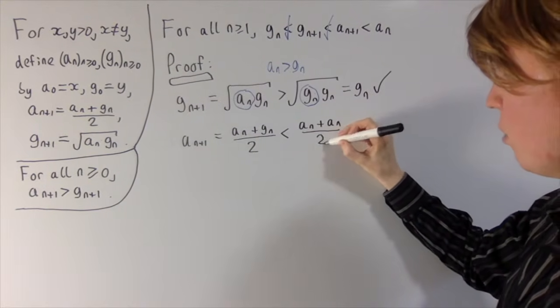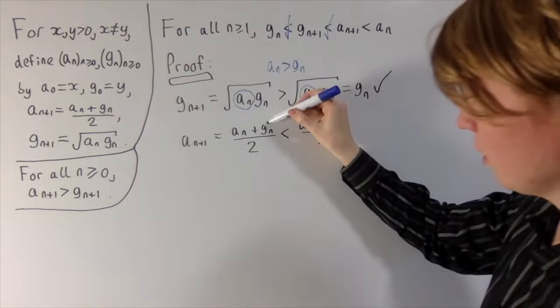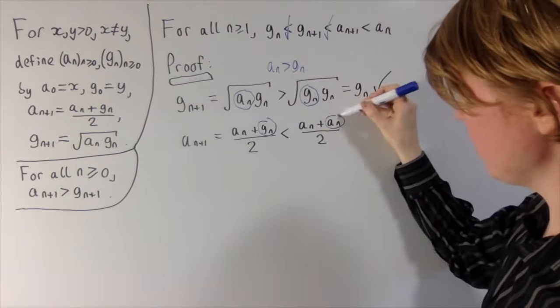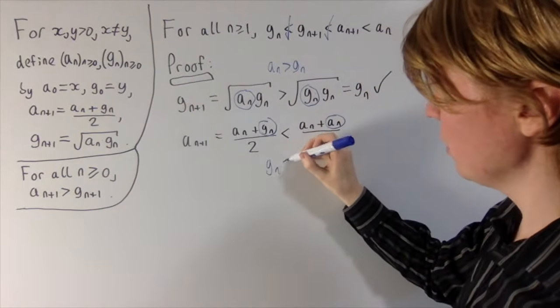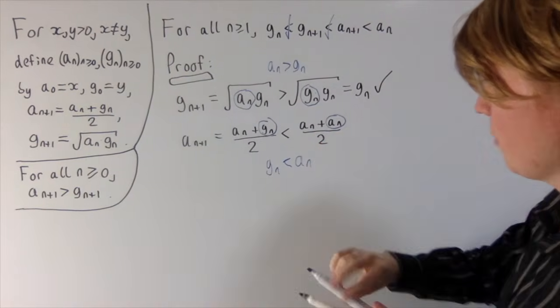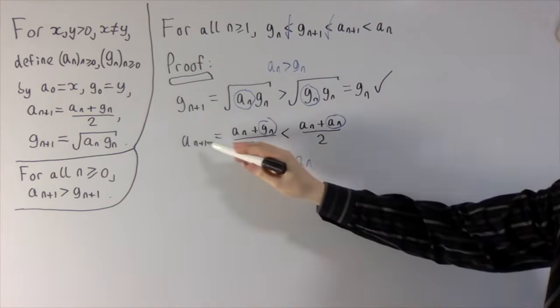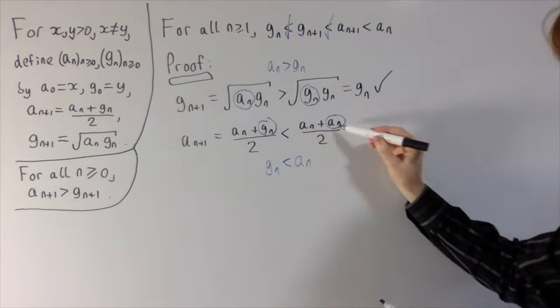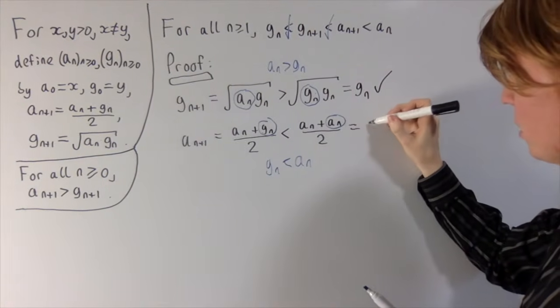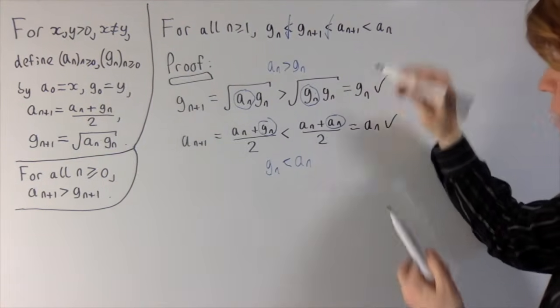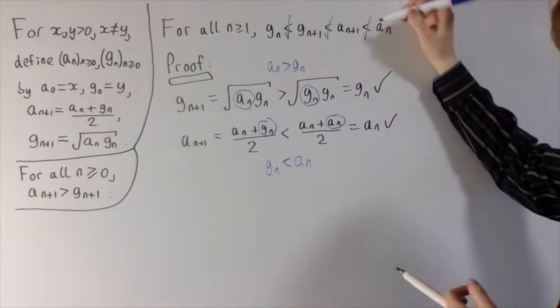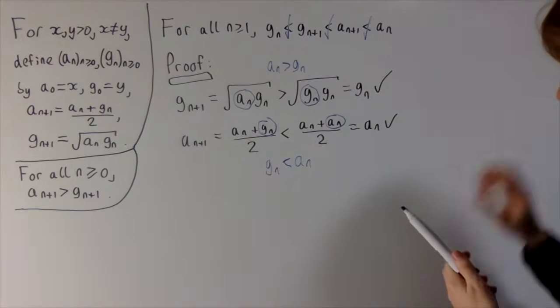We'll get a strict inequality. So here, Gn, replace this by an An. I know that Gn is strictly less than An. And then what do I get? An plus 1 is strictly less than this thing, which is just 2An over 2, which is An. So that's what we were trying to prove there. So I can tick this off, and then we've shown all of these inequalities hold.